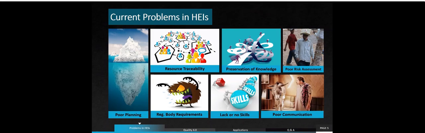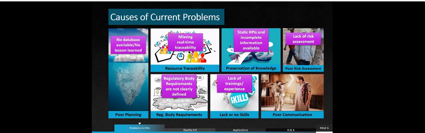So what are the causes of these problems? If we analyze the root causes, the first one is poor planning. The root cause is that we don't have the database or data available. Using that, we could estimate things and plan well.